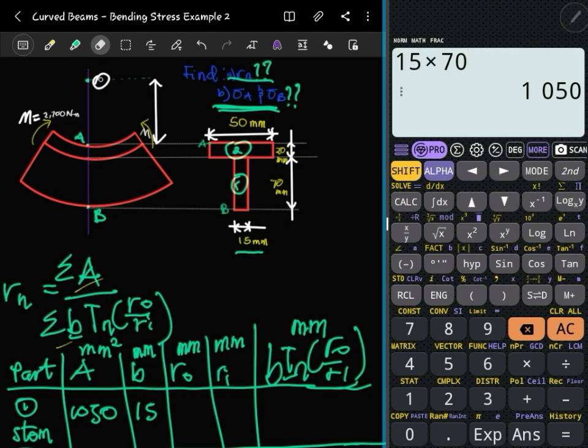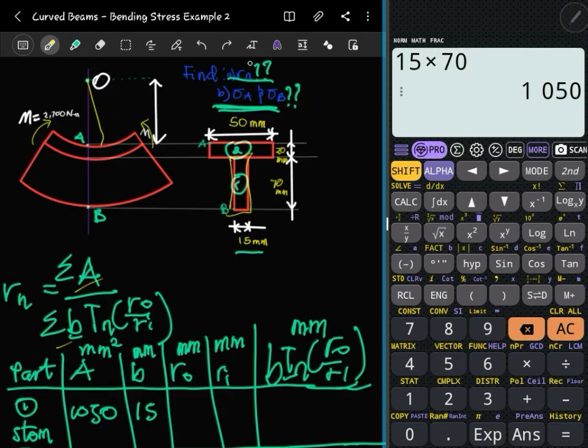Ro. The Ro is from the center of curvature to the outermost fiber of that particular section. So this right here is Ri. The start is here, and this radius here is from here to here. So let's start from the center of curvature.